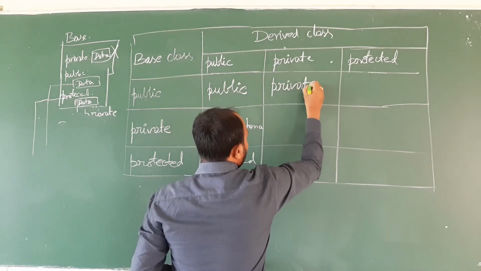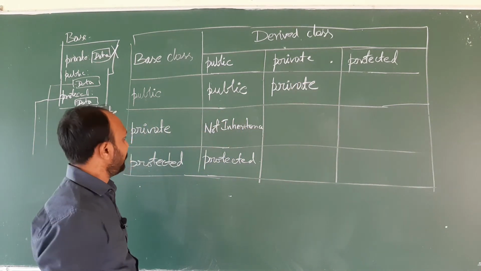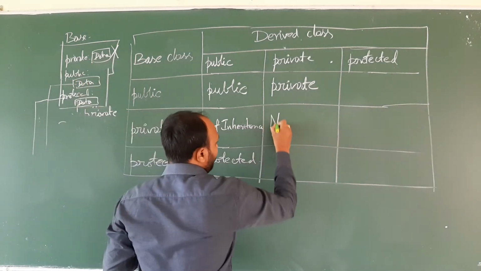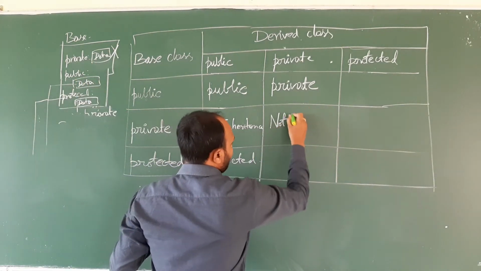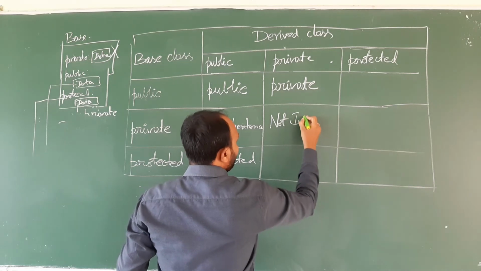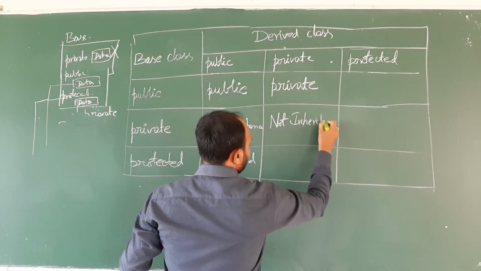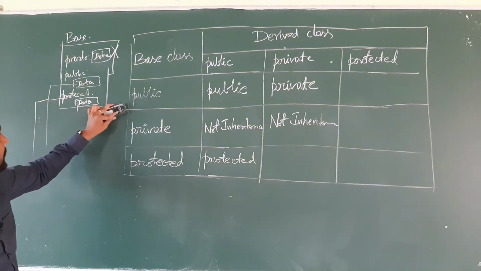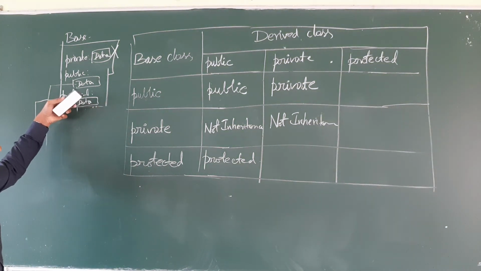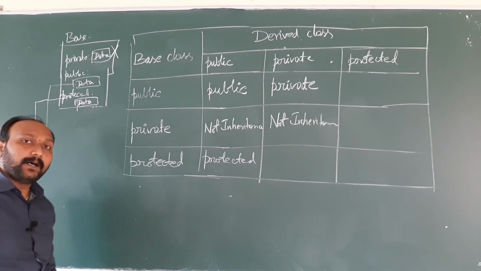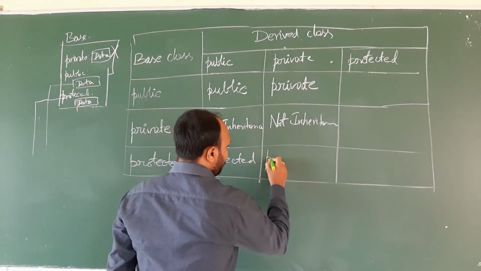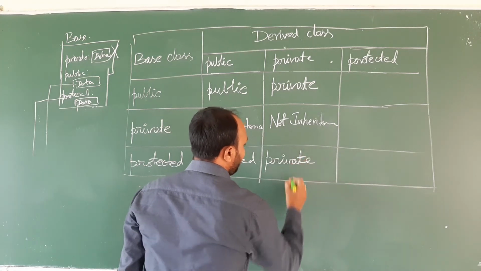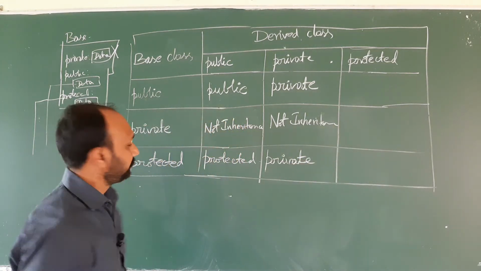Private members of the base class again cannot be inherited. So, not inherited. Okay. What about protected members of the base class? The protected members of the base class will become private members of the derived class. Private members of the derived class.